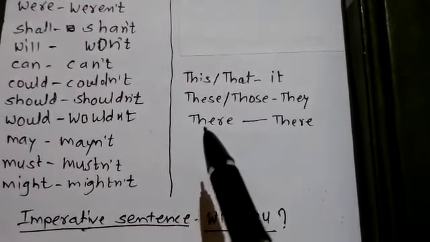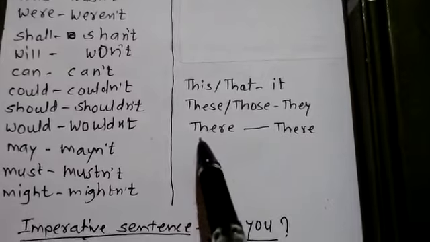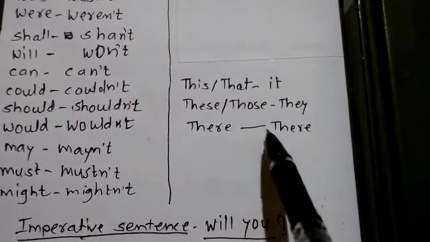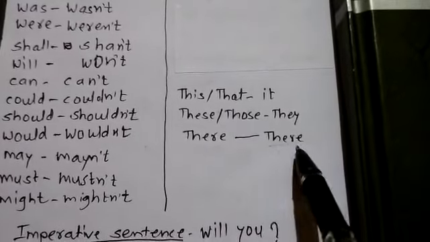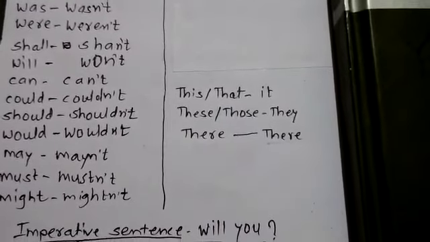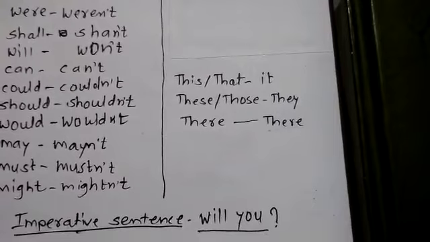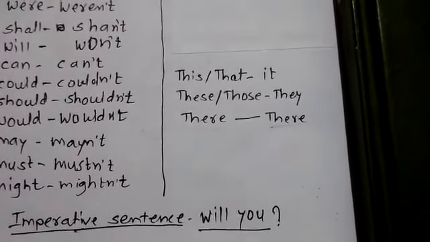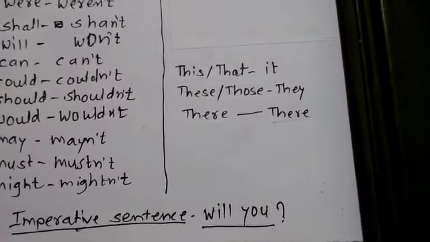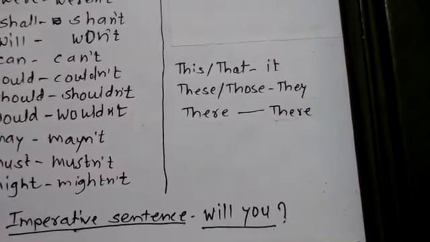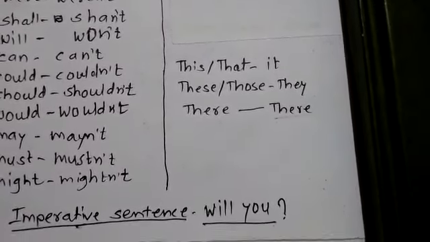whenever there is there as a subject, then at that time you will have to keep that word as it is. You shouldn't change anything from here. Like, there are so many plants. See, there are so many plants. So here the tag will become aren't there.